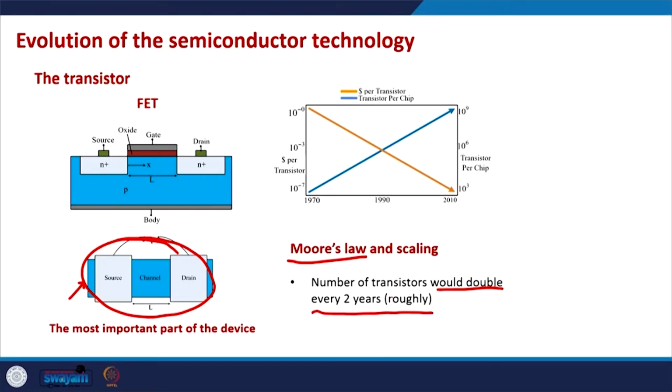semiconductor technology, the semiconducting industry, and this can be plotted as this graph shows, that from 1970s up to 2010, and this is true even up to 2020, the number of transistors per chip is increasing continuously, not linearly, it is actually increasing exponentially.